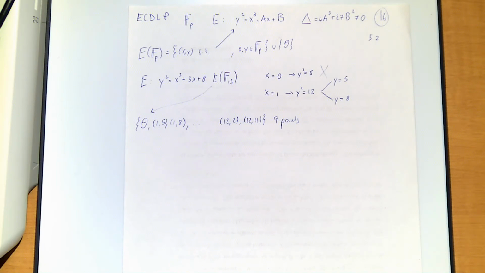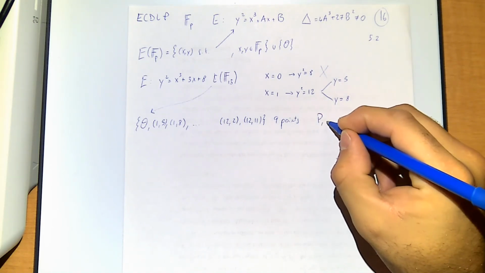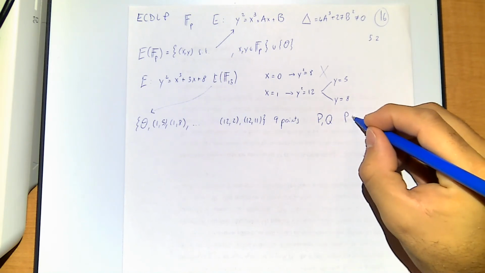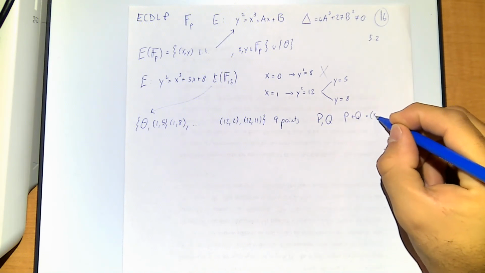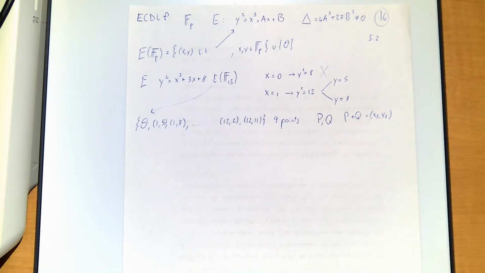But instead, we can refer to the formulas that we gave last time to simply add the points. So we take 2 points P and Q, and we define the addition of points P plus Q to be the point (x3, y3) with the formulas that we gave last time.